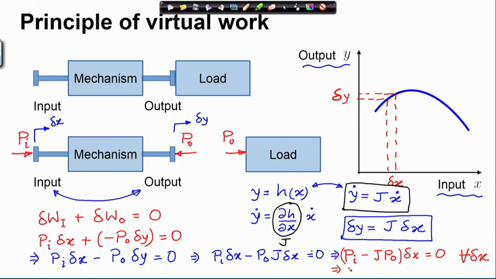This immediately implies that Pi is equal to J times Po, and this is our force relation. So, thus we have related the input output forces for the mechanism.